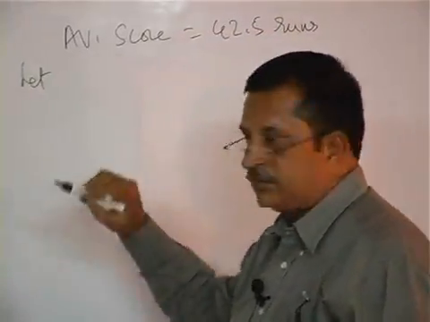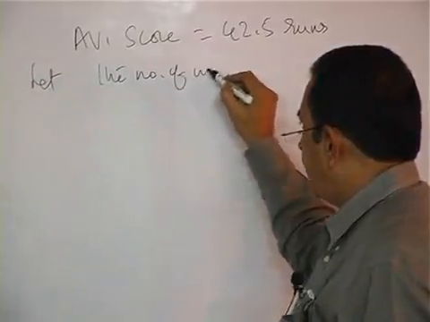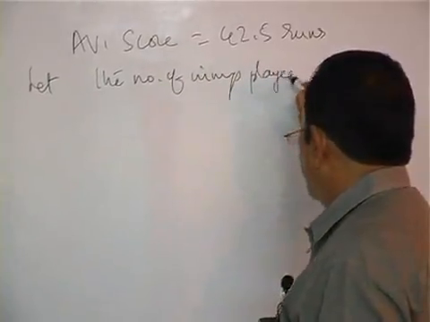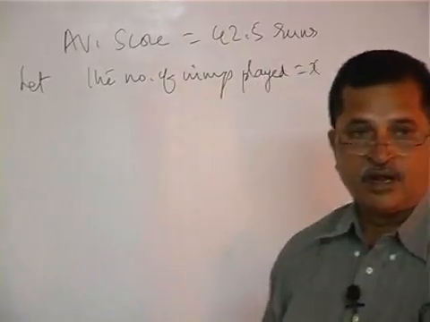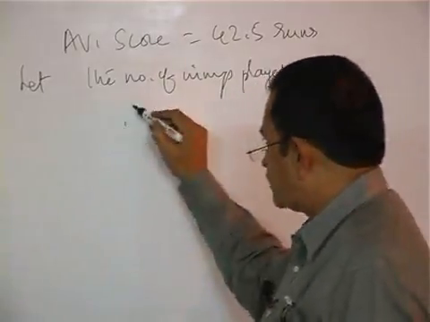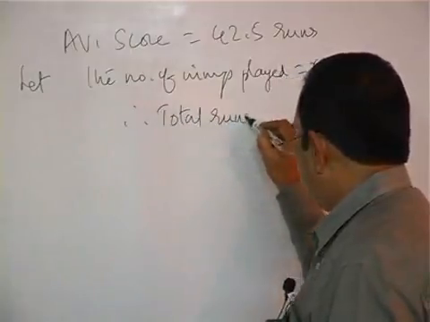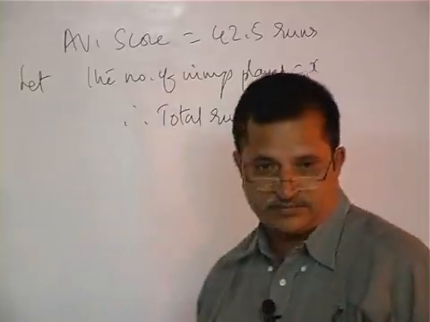Let the number of innings played be equal to x. Number of innings played is equal to x, therefore total runs will be equal to how much? 42.5x.